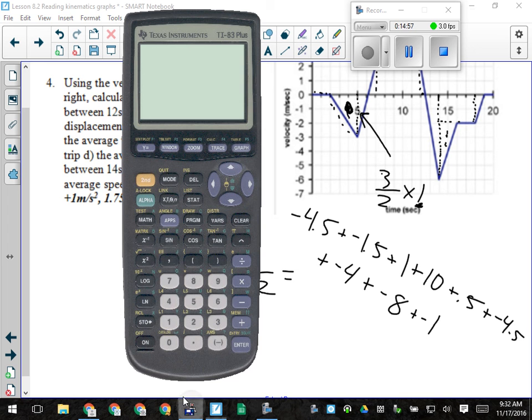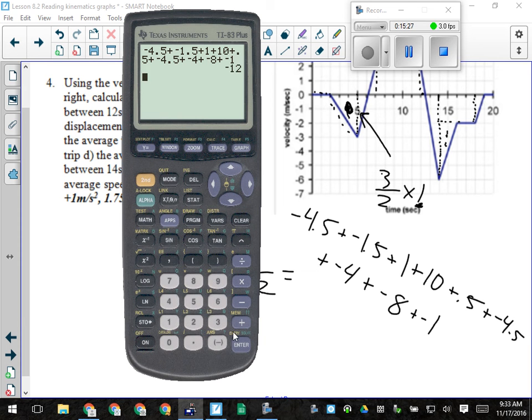So we'll have our -4.5 plus -1.5 plus 1 plus 10 plus 0.5 plus negative 4.5 plus negative 4 plus negative 8. And of course, you could just subtract if you wanted to, but I'm a physics guy and it's vector addition to me. Plus negative 1.